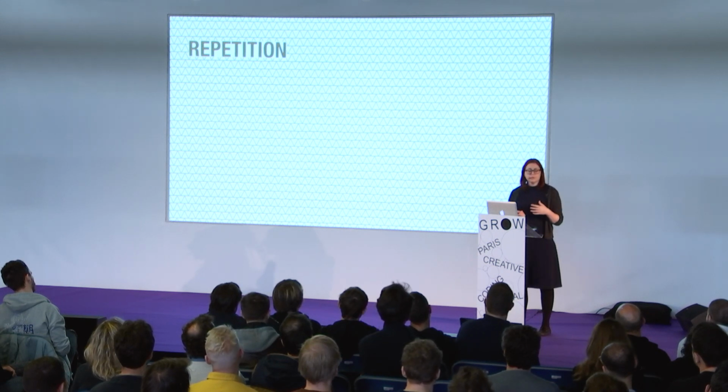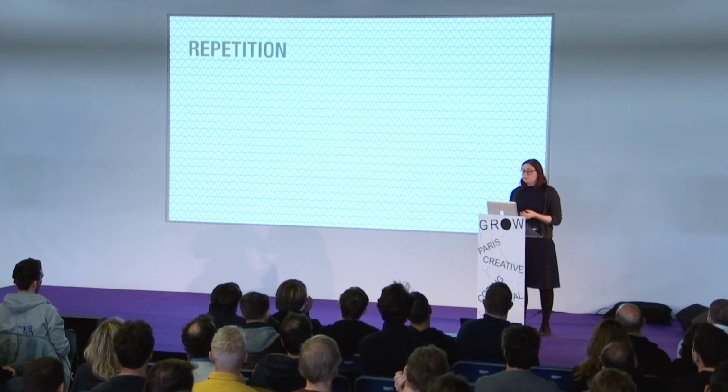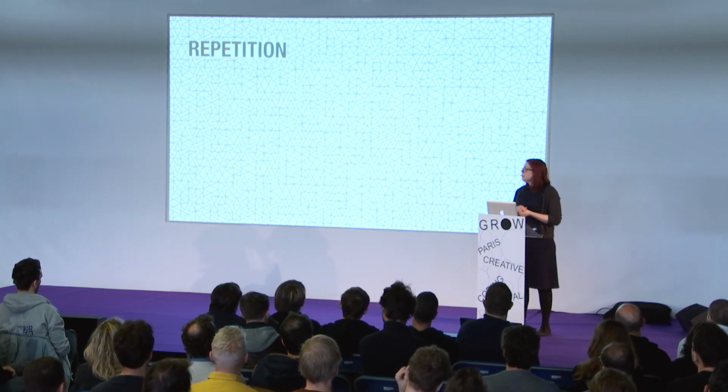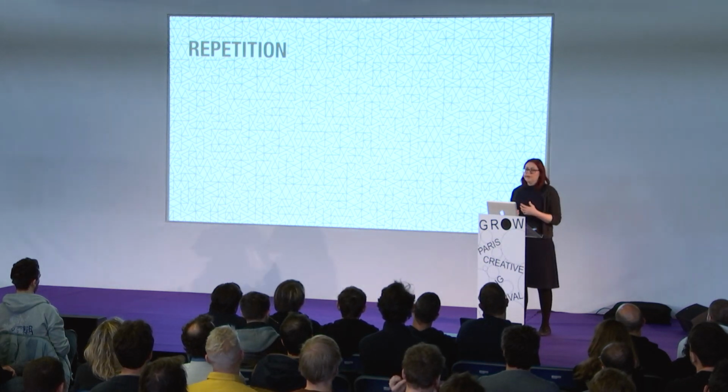Or we can add another rule, and that rule could be, for example, rotating it in different ways. So here we already have a more interesting structure and something our eye wants to explore.